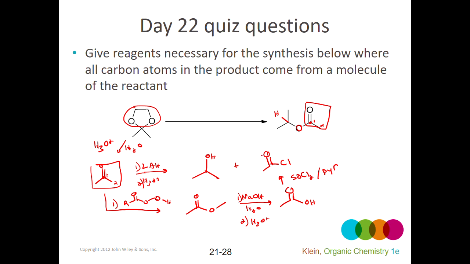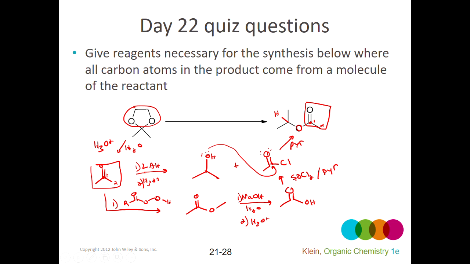Now I've got an acid chloride with a great leaving group, and I've got a weak nucleophile in the form of an alcohol, so the alcohol can attack here, push the leaving group out. I would just need a little pyridine to pick off that proton, and that would give me the product.